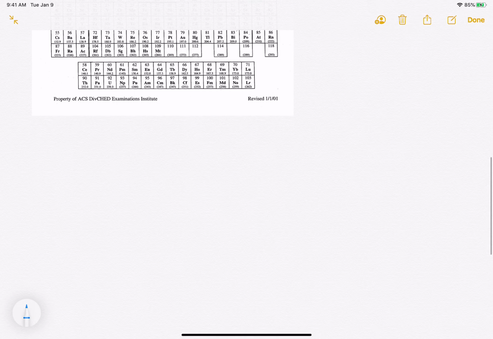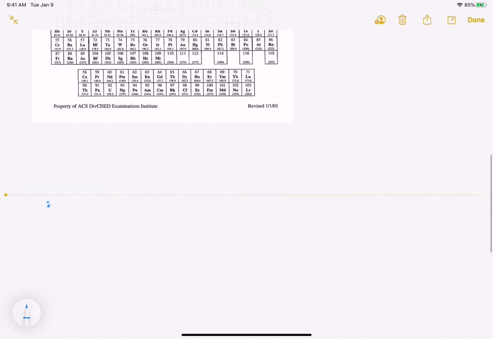Chlorine has an atomic mass of 35.45 atomic mass units, and we're going to learn how to calculate that.